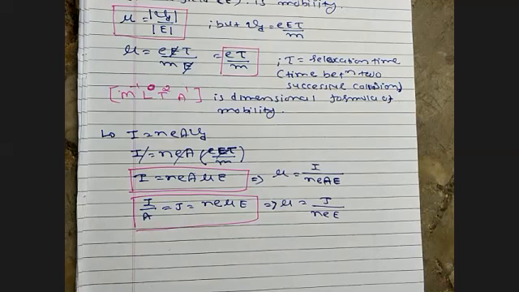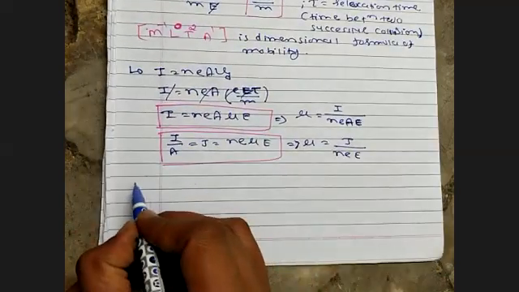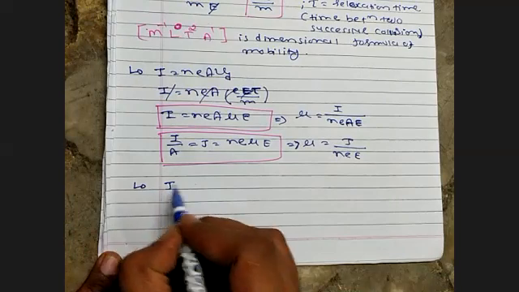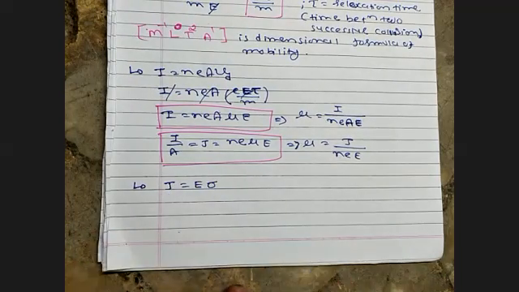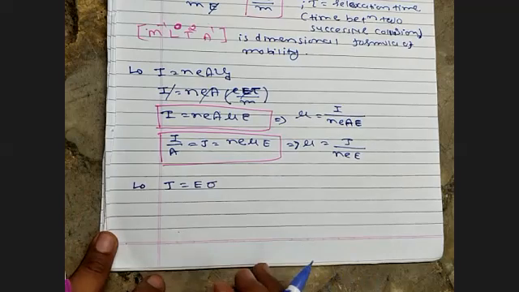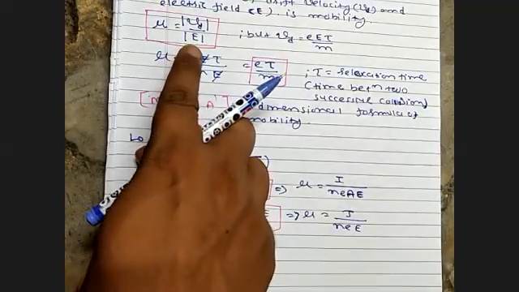Clear. Also, one can carry this equation in terms of sigma, in terms of rho. Current density J is equal to E into sigma. Now you put this value of E from here.